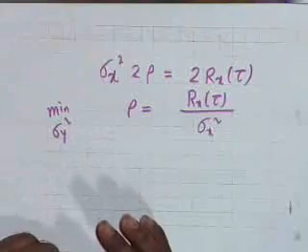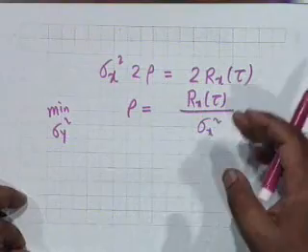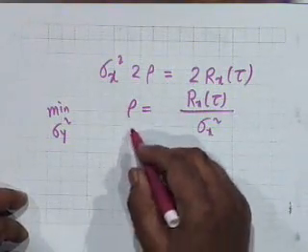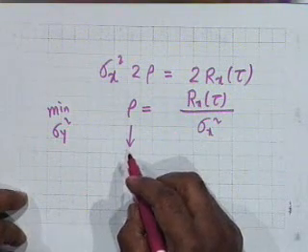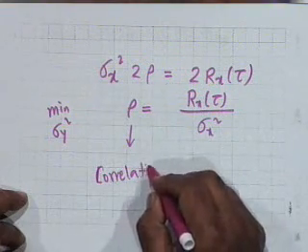You can verify that, but this is the condition for minimum, and therefore rho for minimum sigma y squared is given by Rx of tau divided by sigma x squared. This coefficient rho is therefore directly proportional to Rx of tau. It is not exactly equal to Rx of tau, it is Rx of tau divided by sigma x squared. So rho is given the name correlation coefficient, or coefficient of correlation.